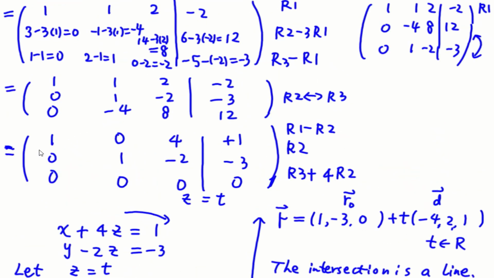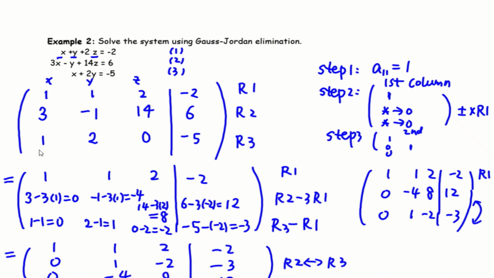So this is what we have covered. We get the numbers in front of x, y, z on one side, then put a constant on the other side. Then step 1, we make sure a11 equals 1. The first one is 1. Then we want to change the other 2 numbers in the first column to be 0 by subtracting or adding.